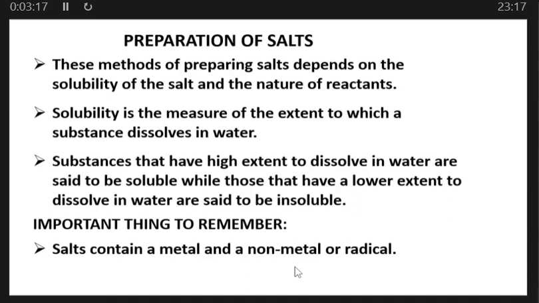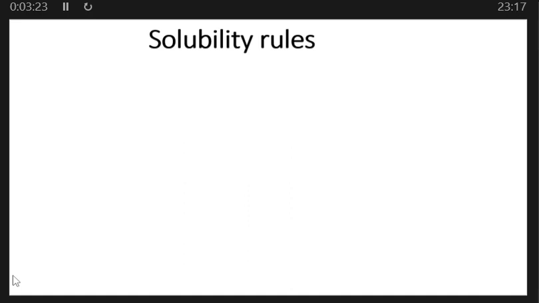All right, so now let us look at the solubility rules. We'll start with the salts of potassium, because when we talk of solubility rules, they're actually important. After understanding what solubility rules are, it will be very easy for us to know how to prepare salts and which method we should use to prepare a particular salt.